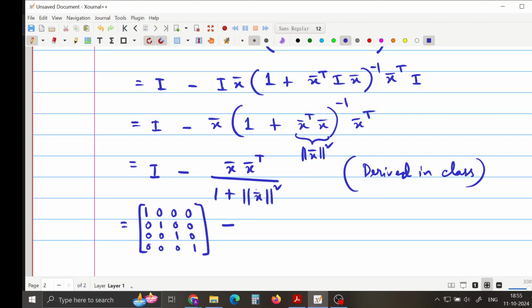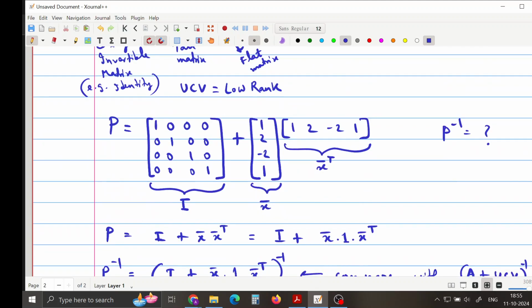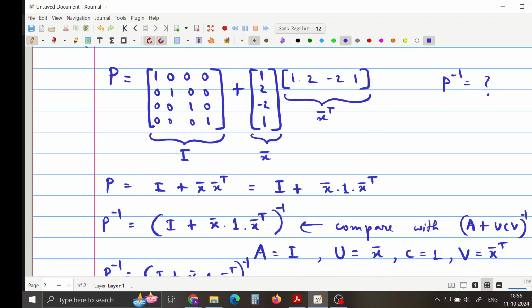minus, so what about this scaling factor 1 divided by 1 plus norm X square? So let's find that first. So 1 divided by 1 plus, what is norm X squared? What was X bar, the vector? This vector was 1, 2, minus 2 and 1.